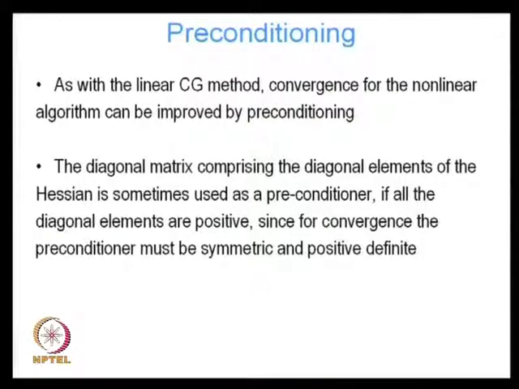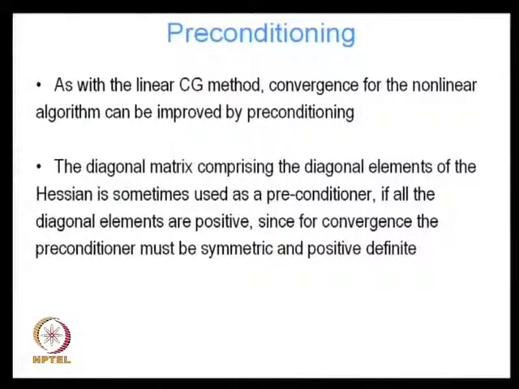We said that if we multiply the coefficient matrix with a certain operator, a certain matrix, or we operate on that coefficient matrix with a combination of matrices, and we get a coefficient matrix which has a condition number smaller than my original coefficient matrix A, then I am going to get better convergence, because the convergence of the conjugate gradient method depends on how well conditioned my coefficient matrix is, how close my eigenvalues are to each other.